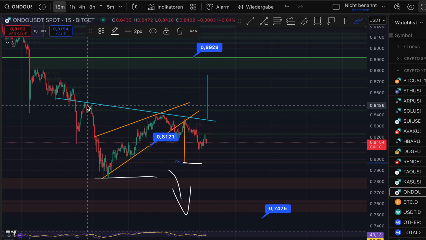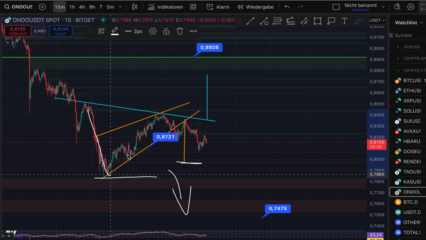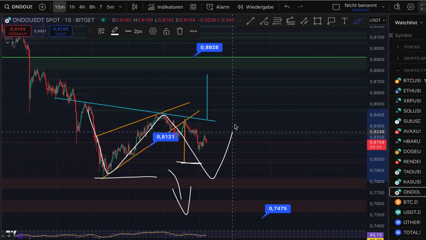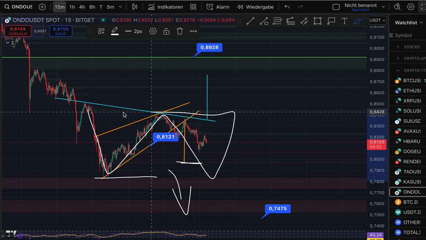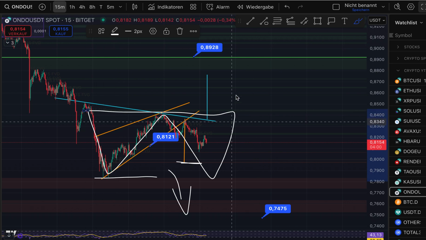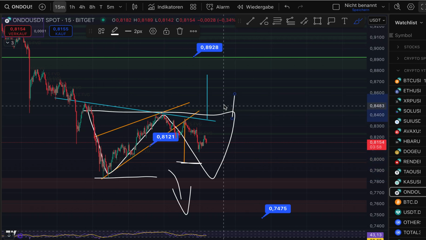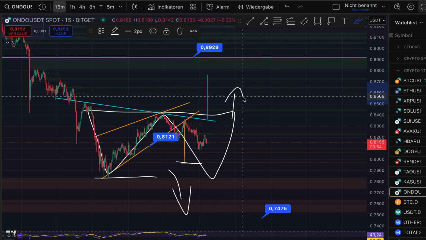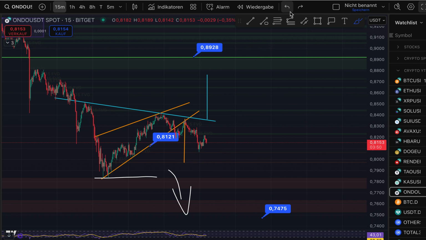Let's assume it. Then this can also be just a double bottom pattern, which would be bullish if we break to the upside. As long as we don't break to the upside, it's not bullish. Yeah, we just have then the pattern, but we need the breakout to activate that pattern. So keep that in mind.